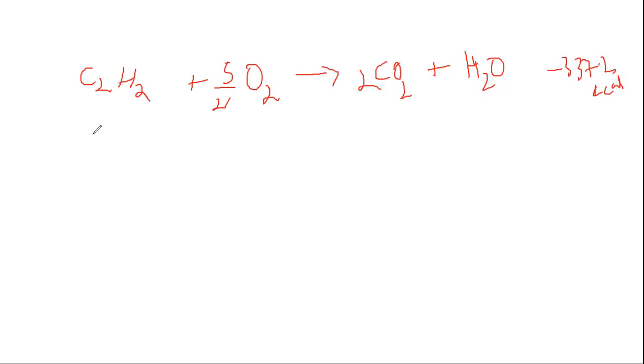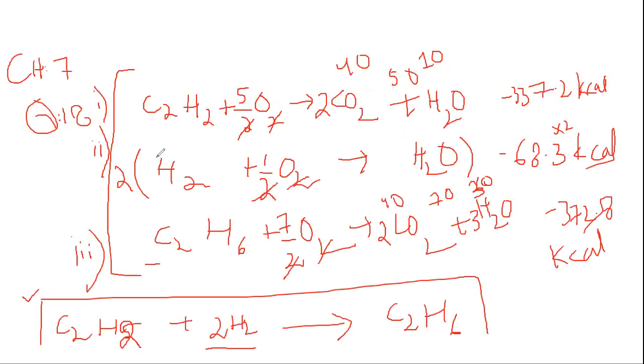Second equation is multiplied with 2, so that will be 2H2 plus O2 gives 2H2O. 2 multiplied with hydrogen gas gives 2H2O.